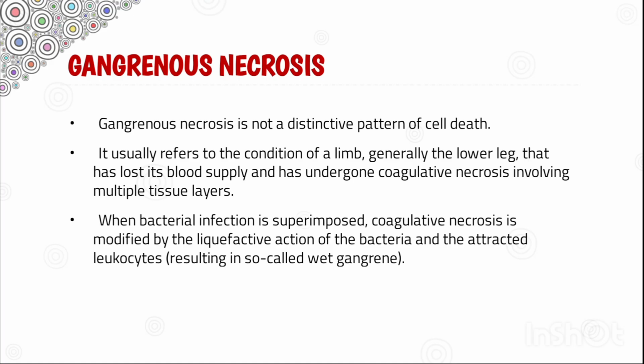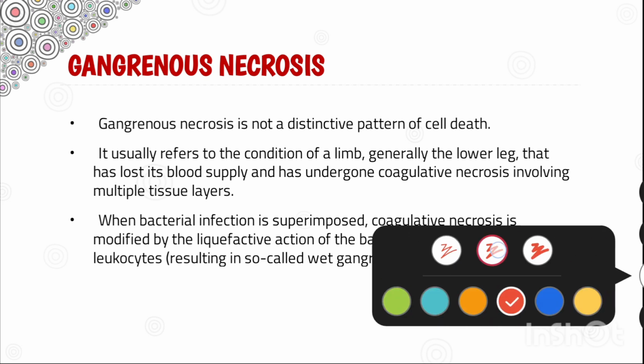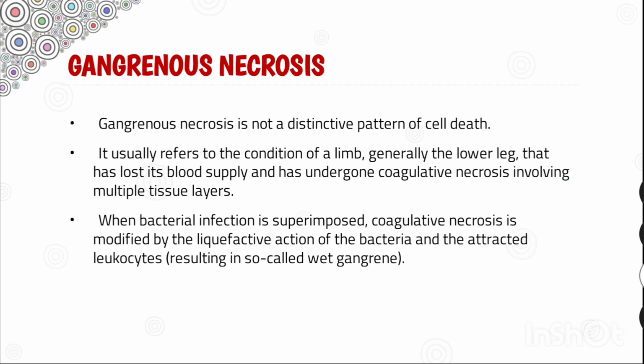This is an example. Gangrenous necrosis. It is not exactly a distinctive pattern of cell death. It is usually a condition of a limb, generally the lower leg, that has lost its blood supply and has undergone coagulative necrosis, involving many tissue layers. Now, when bacterial infection is superimposed, this coagulative necrosis will be modified.